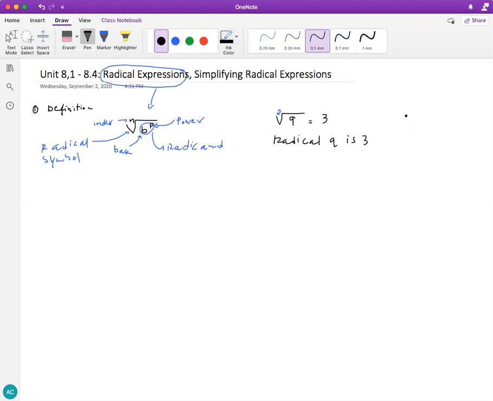You're also familiar with, for example, this. Okay, this is, you say the square root of 25. Or you can also say radical of 25.